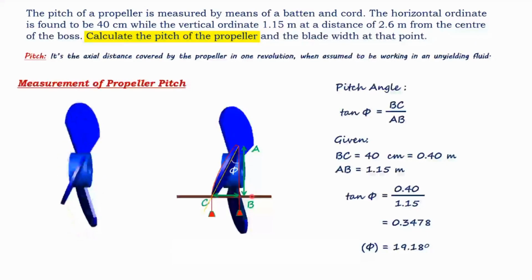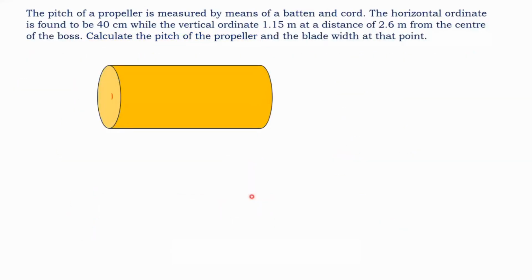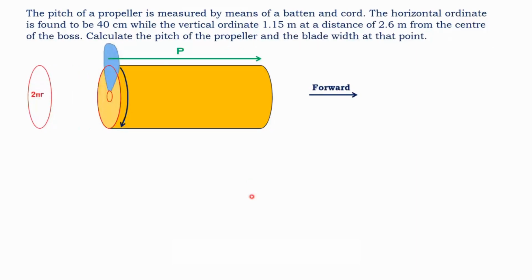Now let us look at the same propeller, but from a different perspective, as if we are taking a random radius away from the center of the boss. Pitch will be the axial distance covered in one rotation, and by one rotation I mean the total distance covered in one rotation will be 2 pi r. R is the distance taken from the center.